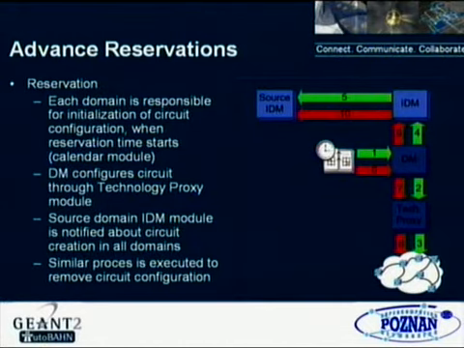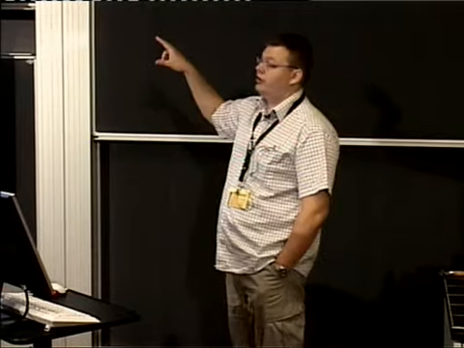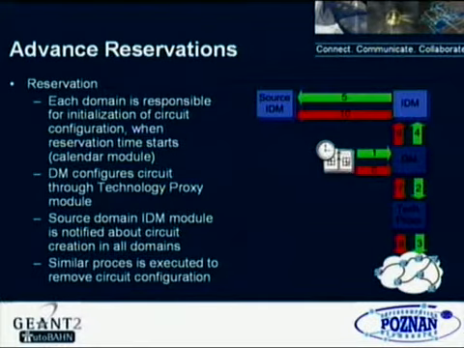Again, the calendar module sends the information to the domain manager that it's time to close it. The domain manager asks the technology proxy to remove the configuration of the circuit. And again, the IDM notifies the source domain that the reservation is done and you cannot use it anymore. The resources are released from the calendars because they will not be used anymore.